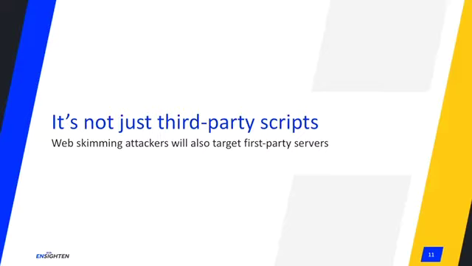And while third-party scripts make an easy target for hackers, as they're often outside of the control of the website developer, hackers also look at holes and vulnerabilities within first-party code as well, and will happily attack servers belonging to the developer if holes exist.